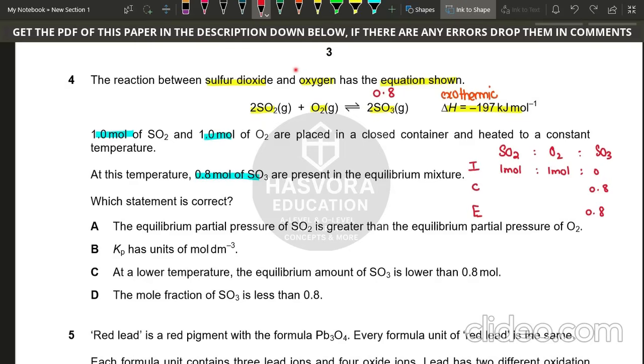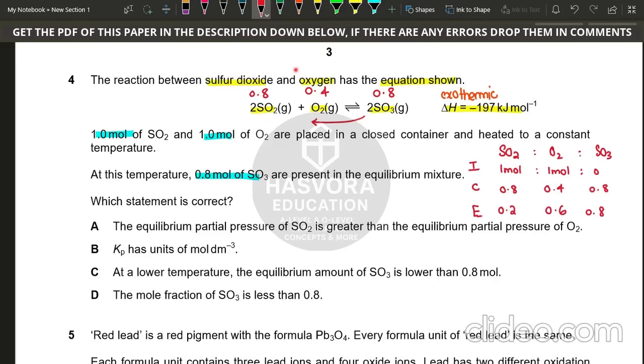This means if 0.8 is the change for 2 moles, it will be 0.4 for O2, and it will be 0.8 for SO2, because there is a 2 to 2 ratio, which means 1 to 1. So the change is 0.8 for SO2 and 0.4 for O2, but it will be negative because the reactant is going to be used up. At equilibrium we will have 0.2 mole of SO2 and 0.6 mole of O2, because we have subtracted from 1, the initial amount.